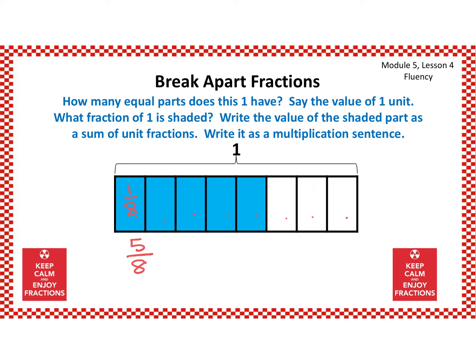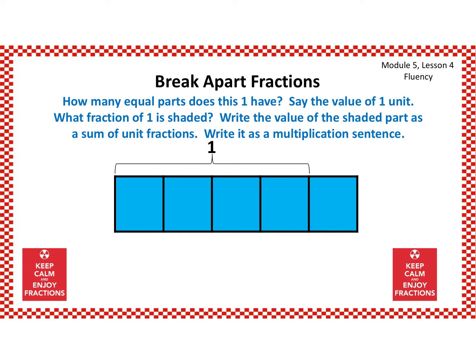The value of that would be 1/8 plus 1/8 plus 1/8 plus 1/8 plus 1/8. So we're adding 1/8 5 times to get 5/8. Or we could just multiply: we did it 5 times, so 5 times 1/8 equals 5/8.